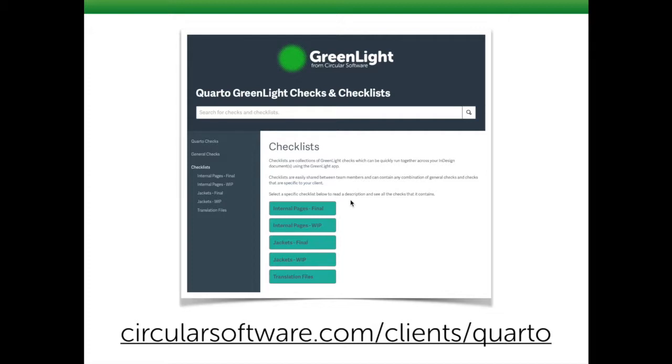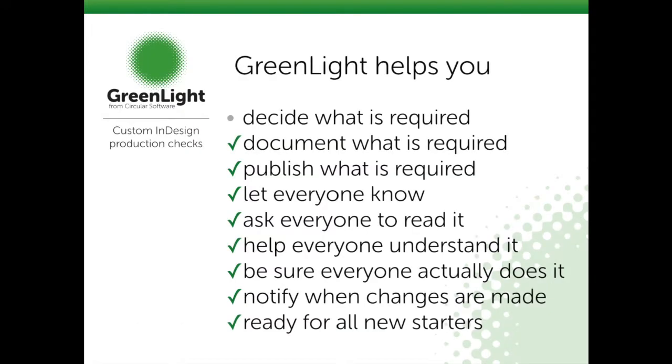So the file naming is very important, and as long as you call your file PLC, then GreenLight will know, oh right, it's a jacket and therefore it needs 15mm bleed for that type of jacket, and it will switch on different checks. If you call it INT, then it'll say, right, for the internal section maybe it's 5mm bleed, and we're going to have different requirements, in that you perhaps wouldn't expect a spot color, but if you do, that's okay. So different checklists are switched on as we go.